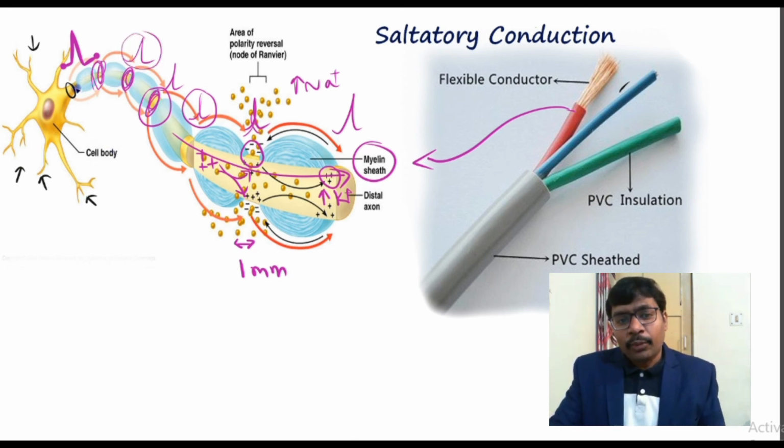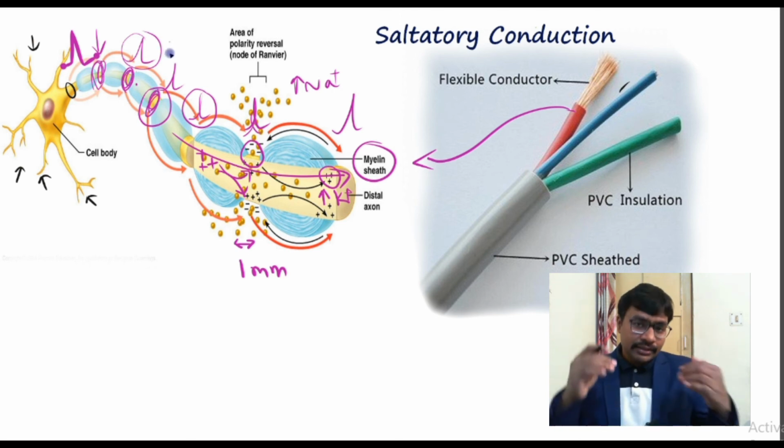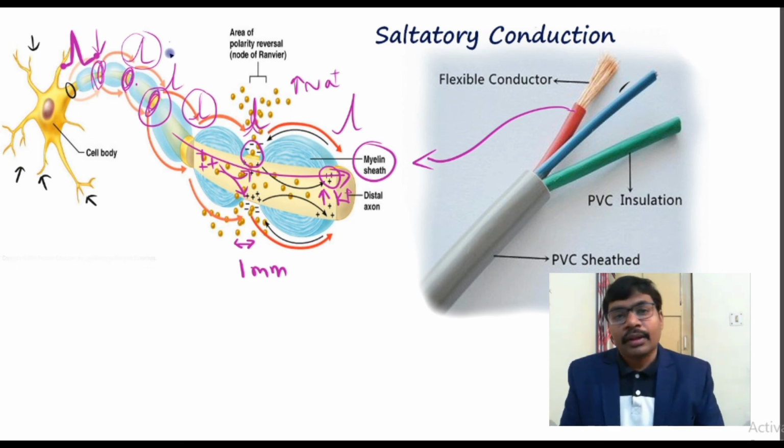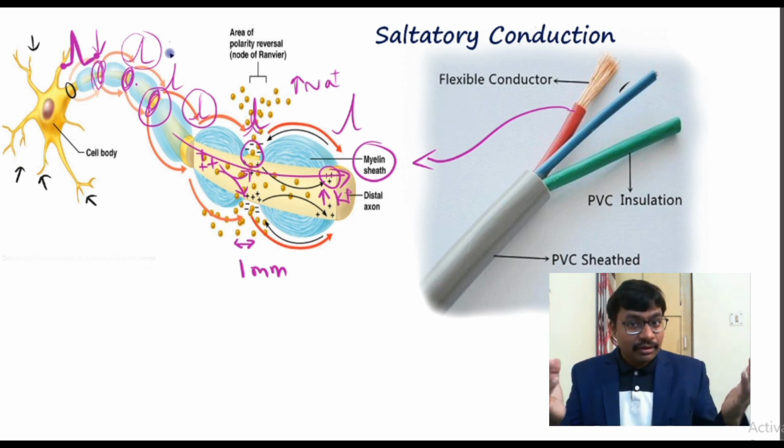The potential at this node would not propagate up to the next node because there is no connectivity of the ICF with the ECF. That is exactly where the nodes of Ranvier enable ICF to ECF connectivity through the smallest gap, about 1 millimeter. That is where action potentials are possible.